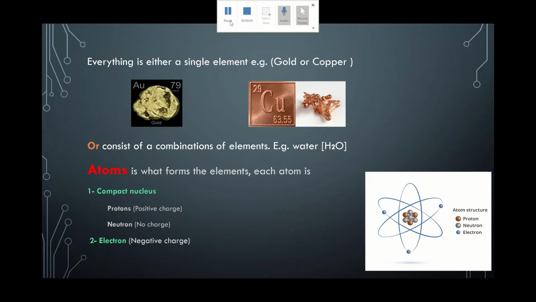Everything in this world either exists as a single element, for example gold or copper, which is the pure version of the element, or consists of a combination of elements. For example, water has two atoms of hydrogen and 1 atom of oxygen.